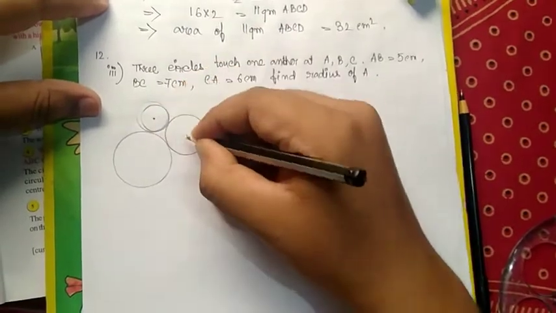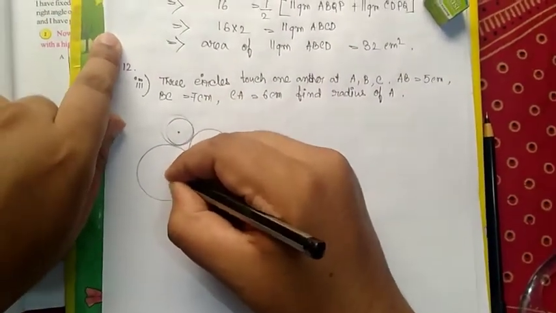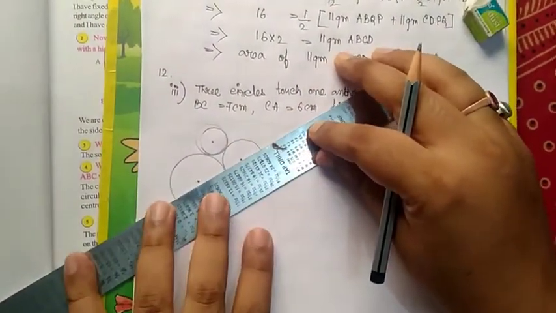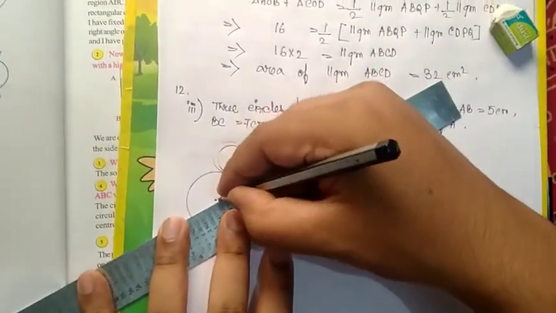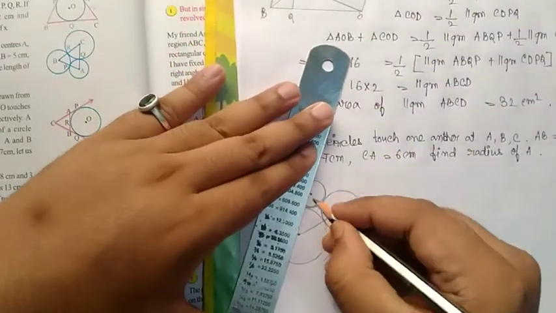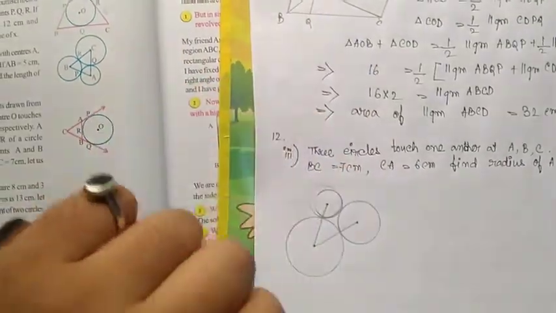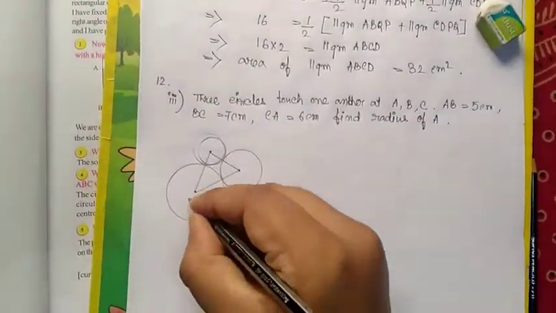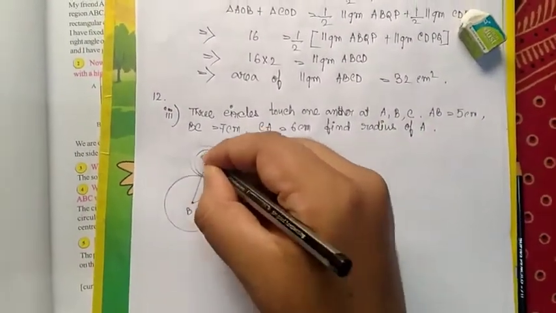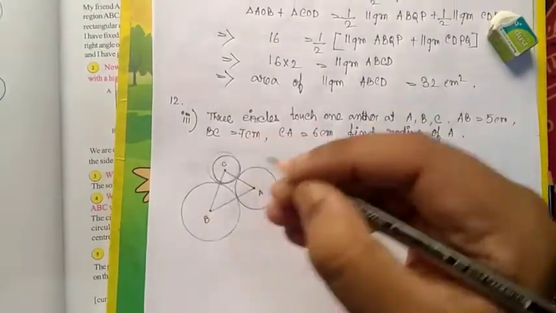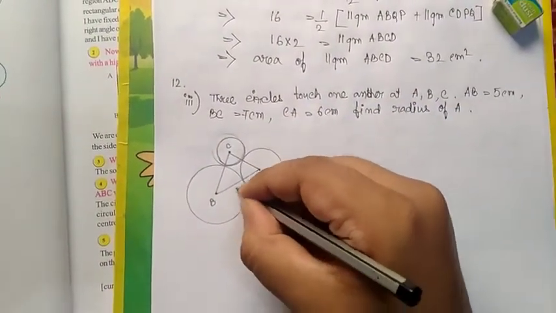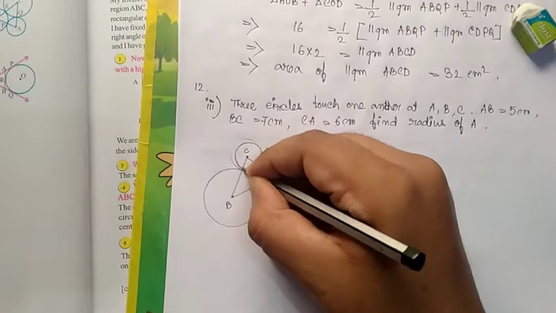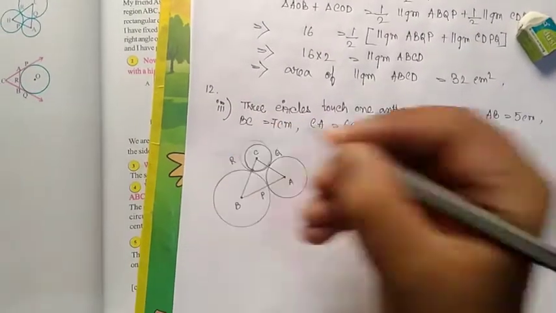So these are the three centers. First of all, we have to join this and make sure this is gonna be a triangle. So this is center B, this is center A, this is center C, and this is gonna be P, this is gonna be Q, and this is gonna be R.